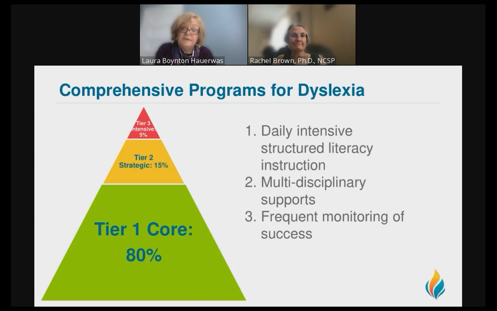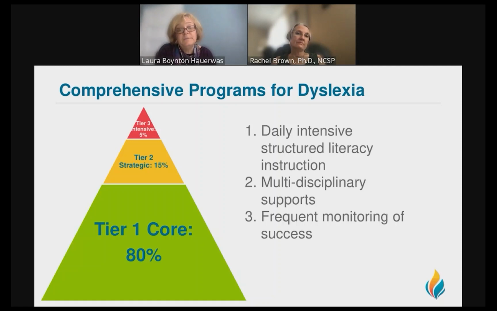Students here also might need some multidisciplinary supports, working with all different professionals that we have in our school systems, between reading, special education, speech and language, counseling, to think about the whole child, to think about all of what a child might need in their educational program.